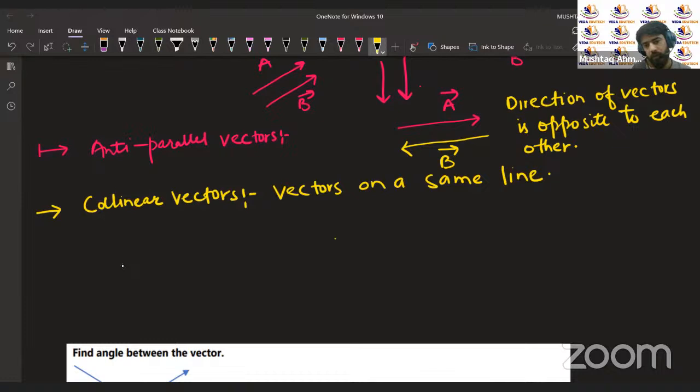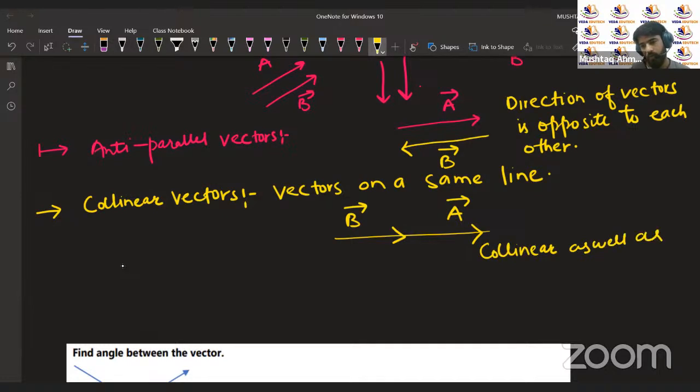Suppose this is a line and we have a vector like this. Let's call this vector A. And we have another vector like this. That's vector B. So these two vectors are collinear as well as parallel to each other.